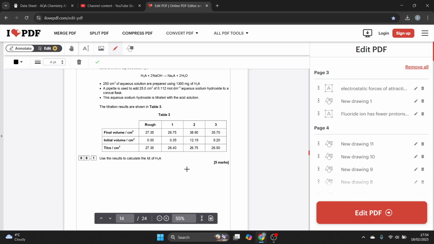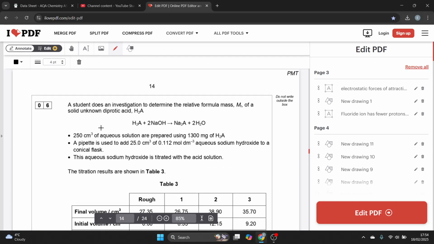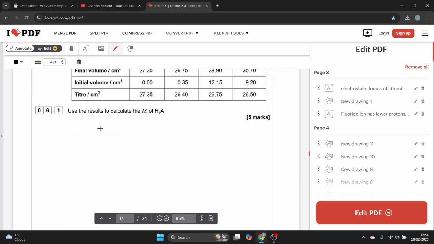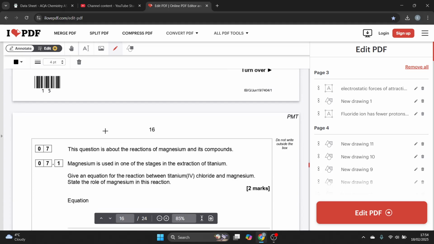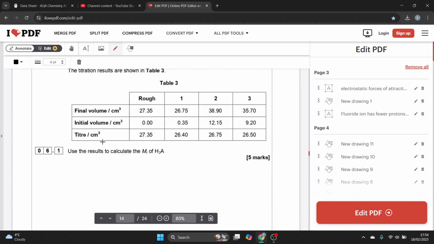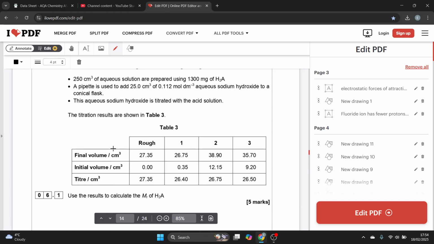Question 6. Use the results to calculate the MR of H2A. Okay, there's even another calculation question. So this one, the first thing I would do is ask myself, why would they give me the titration results in the table?